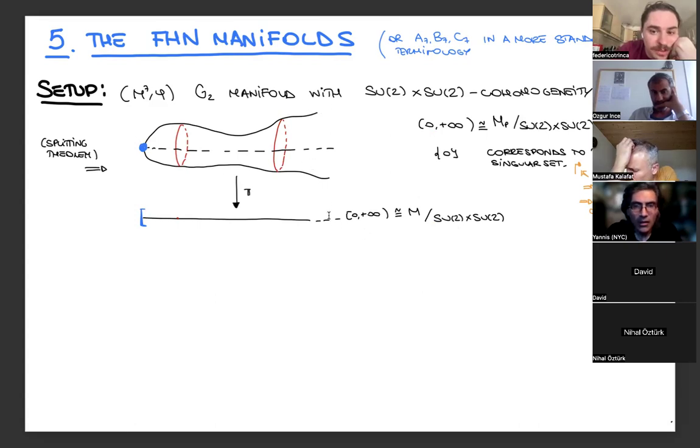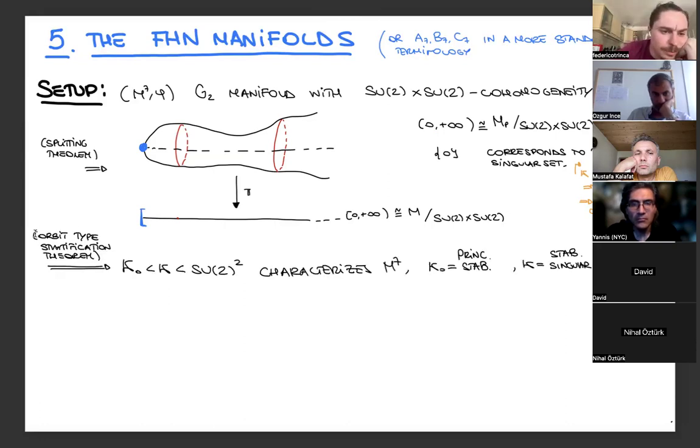The orbit space is a half line, and so my manifold will look like an interval times a discrete quotient of SU2 times SU2, and one singular orbit, which is the one in blue here, which will look like SU2 times SU2 over some subgroup of SU2 times SU2.